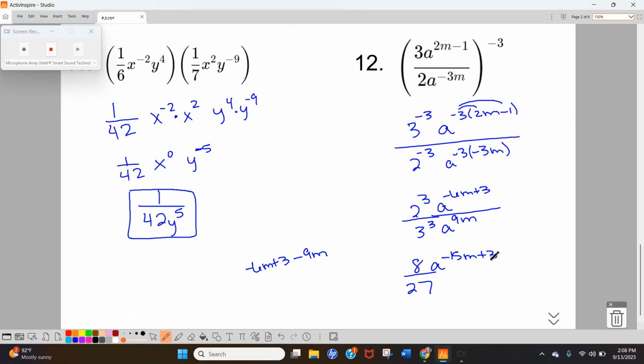And don't quote me on this, Math Excel will take this because, again, I don't know for sure that that's going to end up being negative because I don't know what m is. If it doesn't take this, then just put the a part on the bottom. Make it 8 over 27, a to the -15m plus 3. Again, I think that this is going to work. If it doesn't, come see me and we'll work it out together.